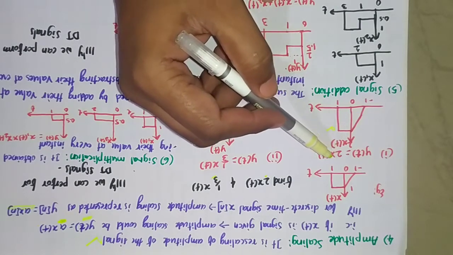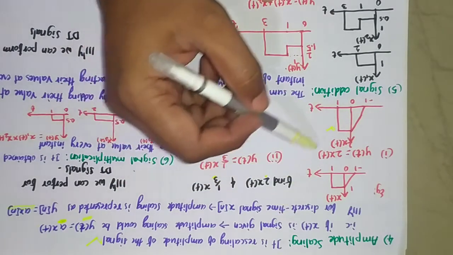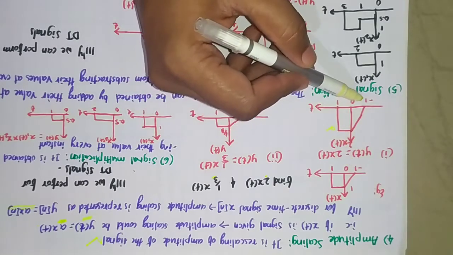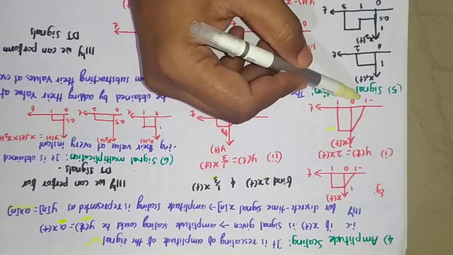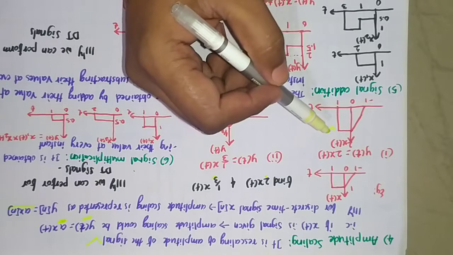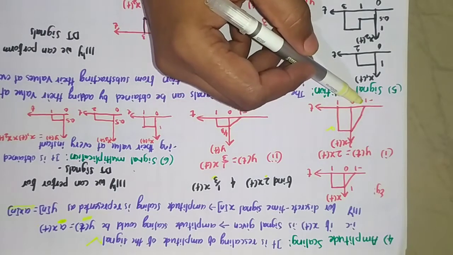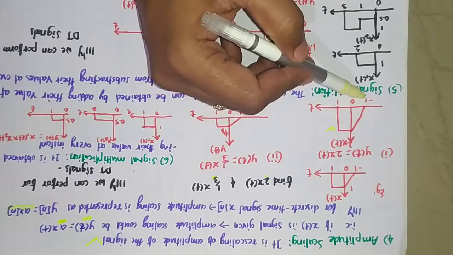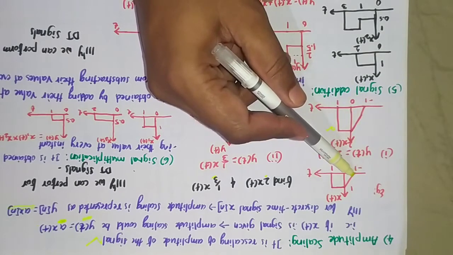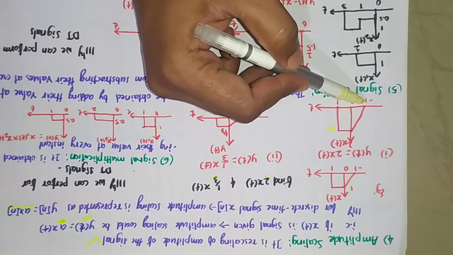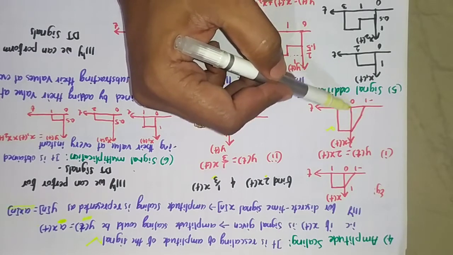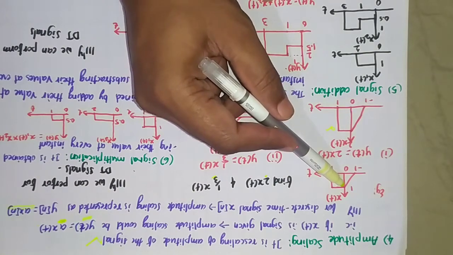Okay, so what will happen, according to amplitude scaling, whatever the amplitude of the signal at any instant of time, that has to be multiplied with the value a, whatever a is asked. In this example, at -1 we have a signal. What is the amplitude in the original signal? It is 0, so obviously it remains 0. At 0, we have 1 in the original signal.